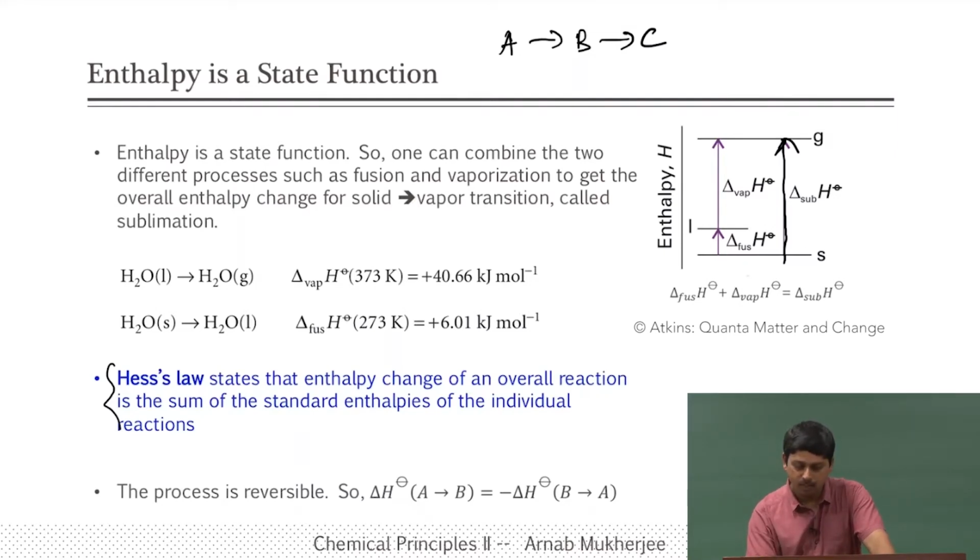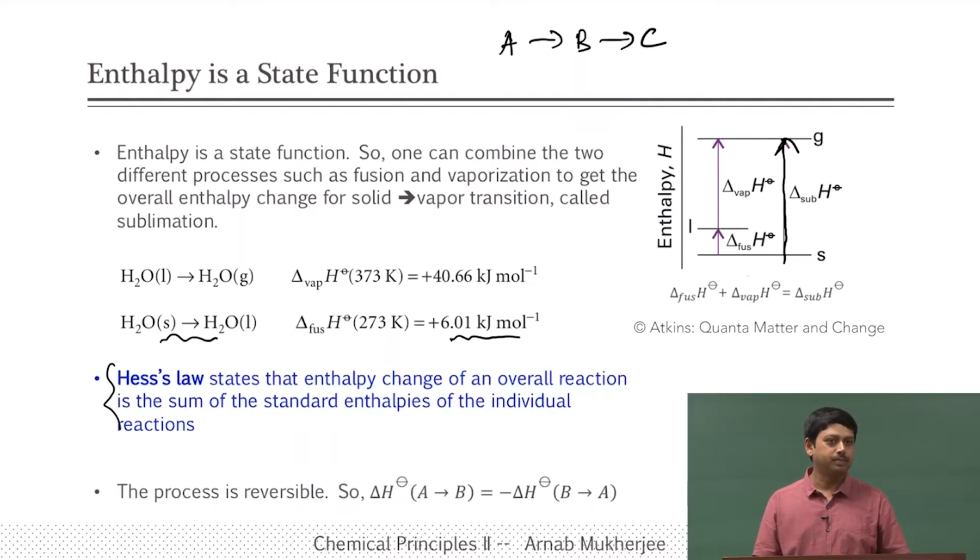So, for example, here we are talking about solid to liquid as 6.01 kilojoule per mole, right. Similarly, liquid to solid will be minus 6.01 kilojoule per mole. So, solid to liquid you can say that is melting. Similarly, liquid to solid will be fusion, just the negative of that, and we can do that again because it is a state function.